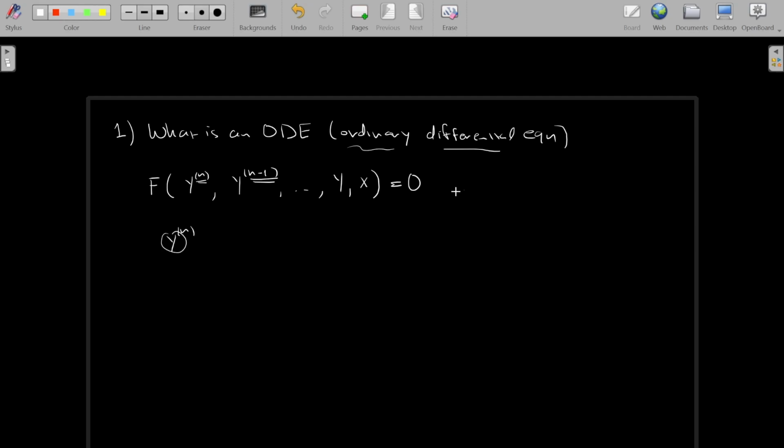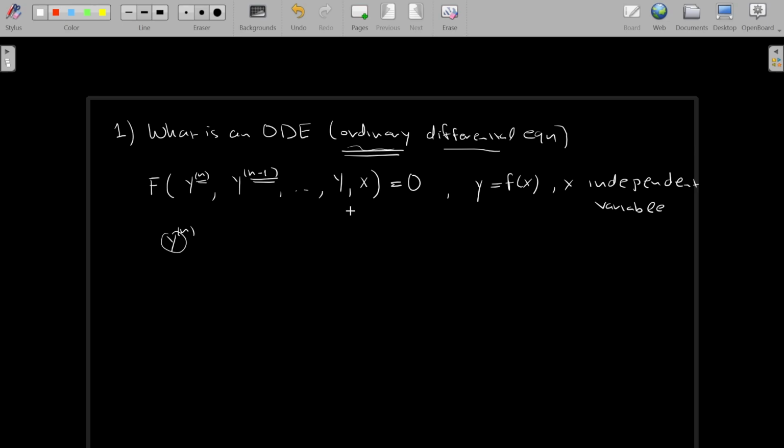Of course y is a function of x, x is our independent variable, and there is only one independent variable. This is what ordinary stands for, meaning that you only have one independent variable to solve around.